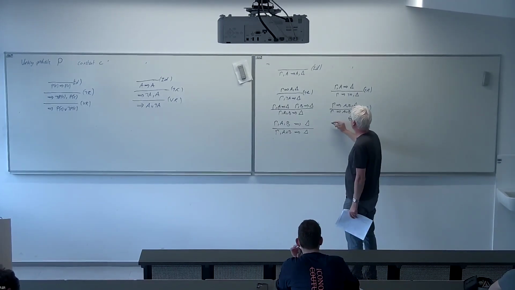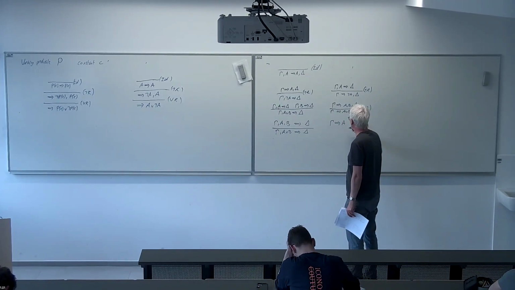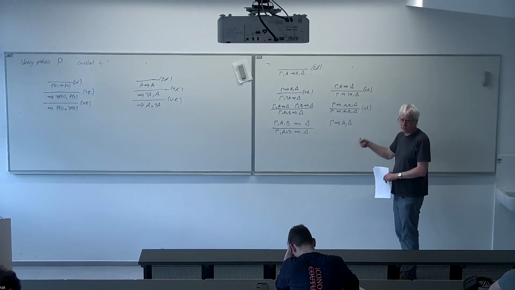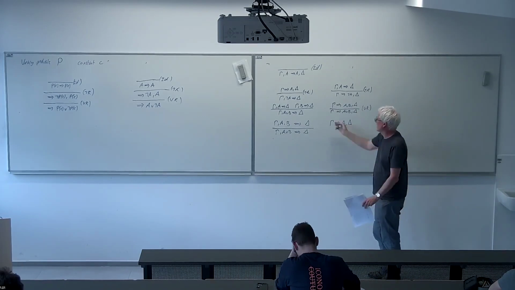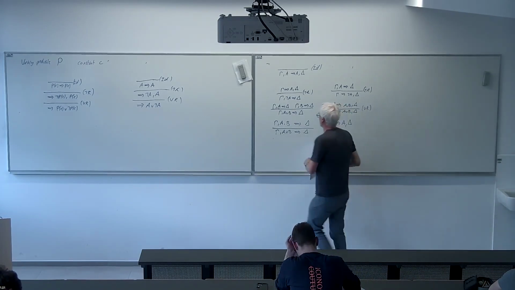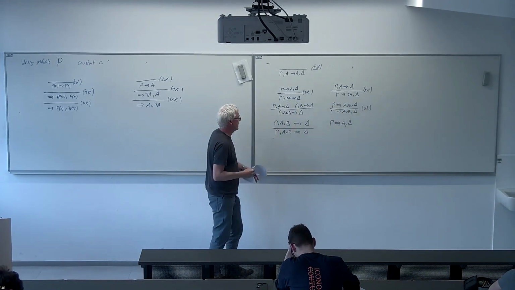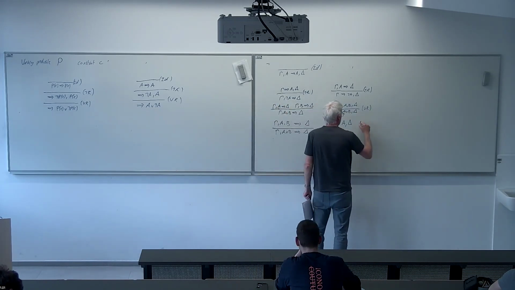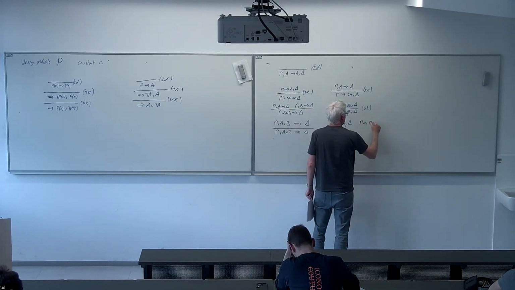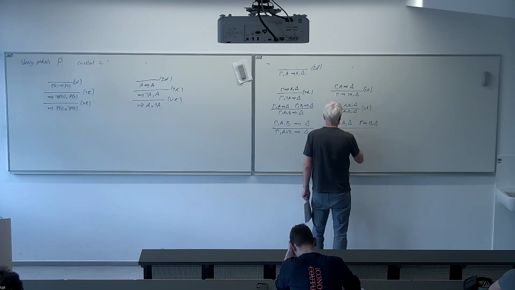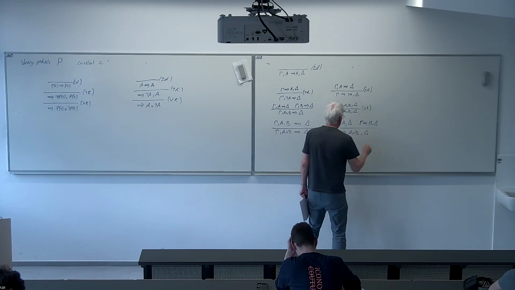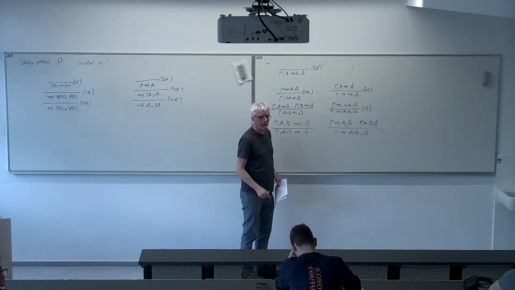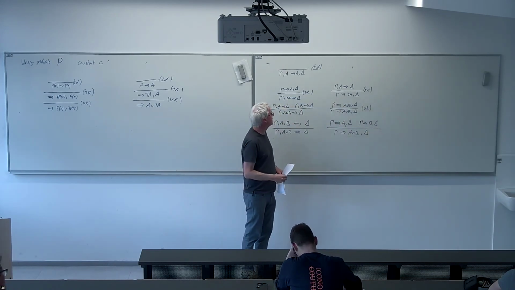And then for conjunction on the right, to prove a conjunction, we need to prove both parts of the conjunction. So it's like the dual rule to the disjunction on the left. We again split the conjunction on the right into its two parts, and there we go.